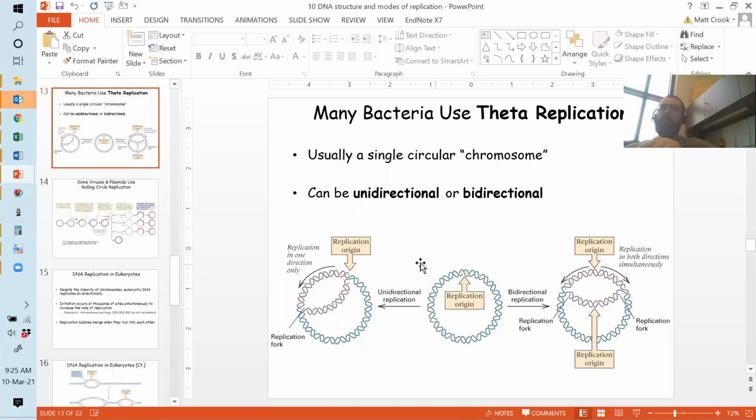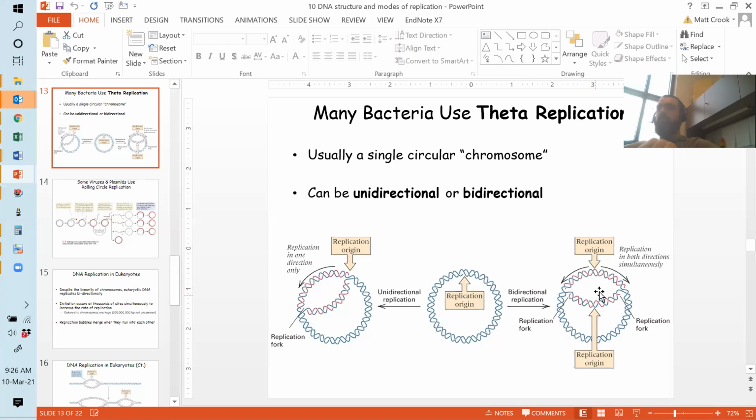In unidirectional replication, we have a replication fork going in one direction, so essentially it goes round the circle until it finishes back at the other end. So still we're getting semi-conservative DNA replication, with each one of these strands serving as a template for the synthesis of new DNA. It's just half the speed, essentially.